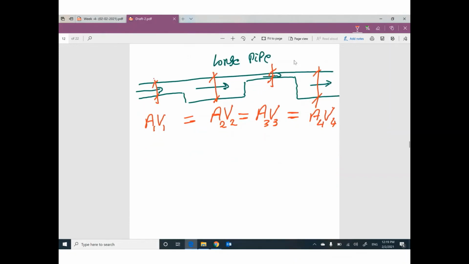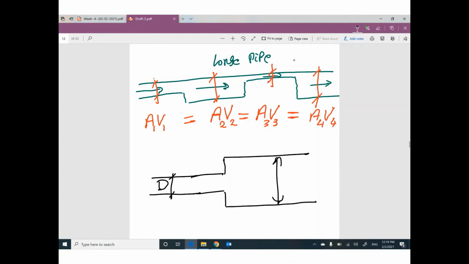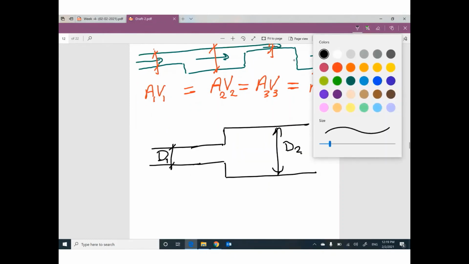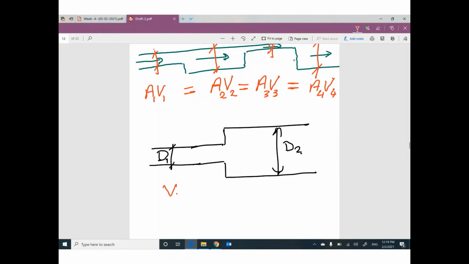Let me explain it in more detail. If you have a hose with this diameter, and for some reason the hose has a larger diameter, this one is D1, this one is D2. We have a velocity here, V1, and another velocity here, V2.